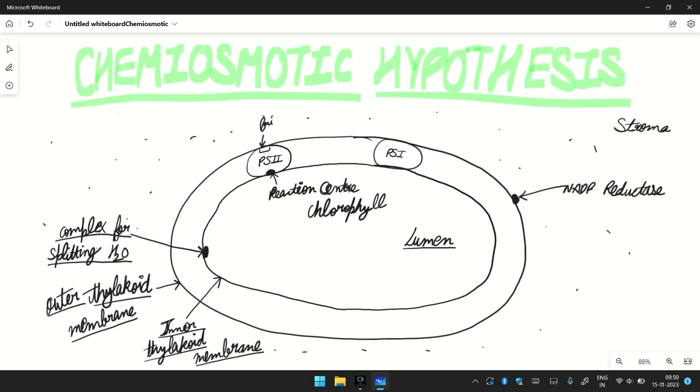This is our primary electron acceptor of PS2, and this is our reaction center chlorophyll and primary electron acceptor of PS1.